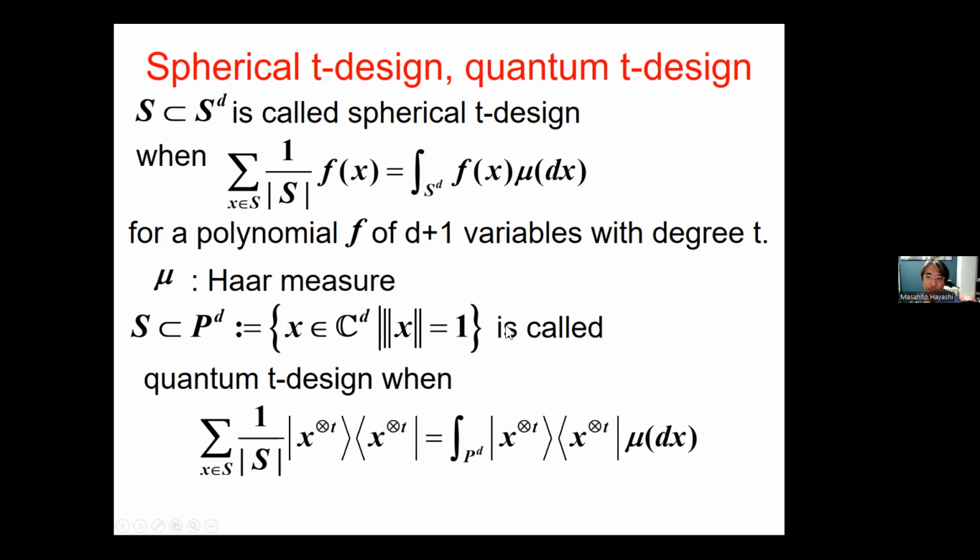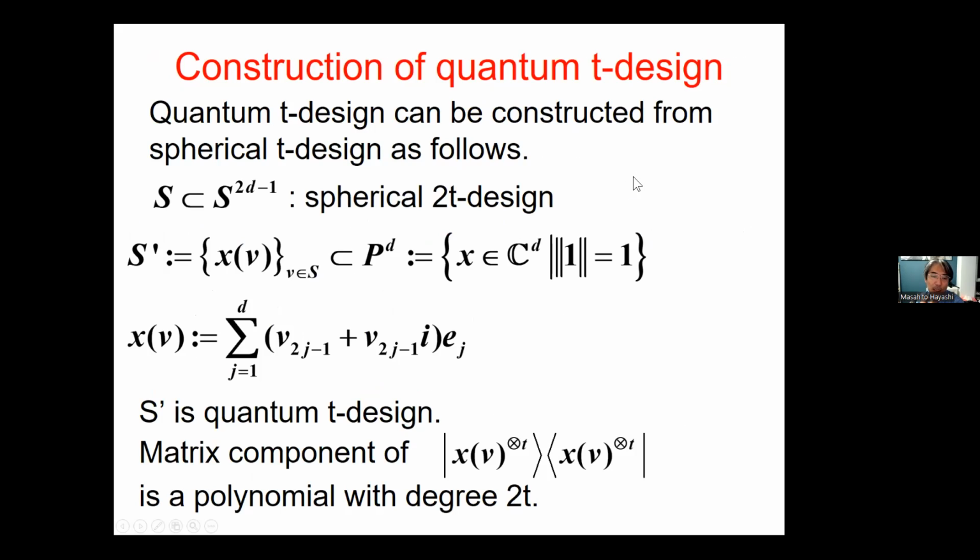As you know, that kind of quantum T design can be constructed by using the spherical 2T design. So we choose subset S to be a spherical 2T design. In that case, for an element of S, we consider a vector in this way. So v is an element of the sphere, and x_v is a vector, normalized.